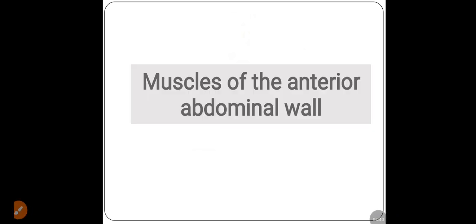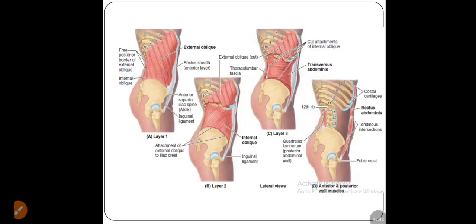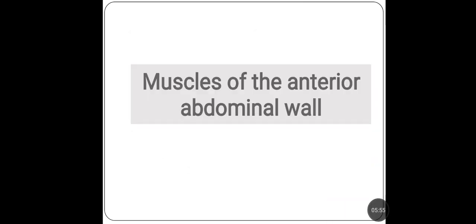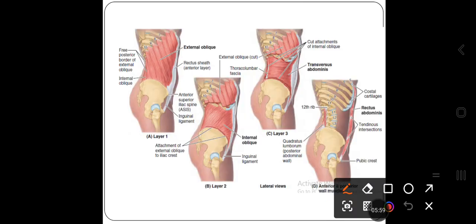The muscles of the anterior abdominal wall include, first, the sheet-like muscles arranged into 3 layers. External oblique. Here is external oblique. When you remove the external oblique, you can find internal oblique. When you remove that, you find the transversus abdominis.